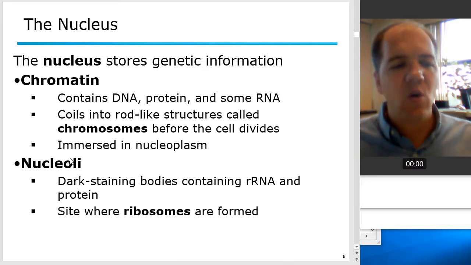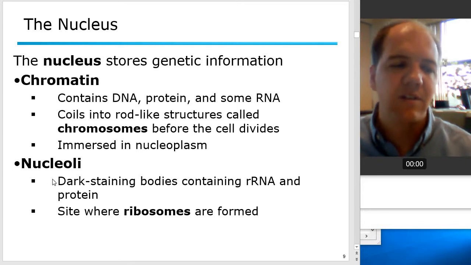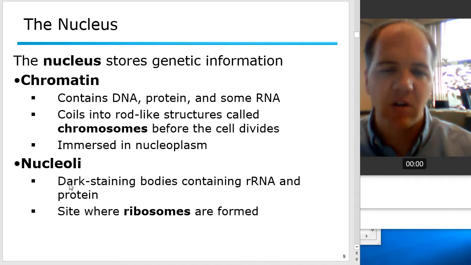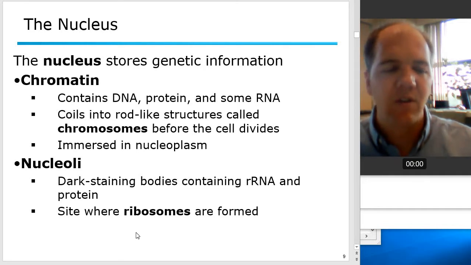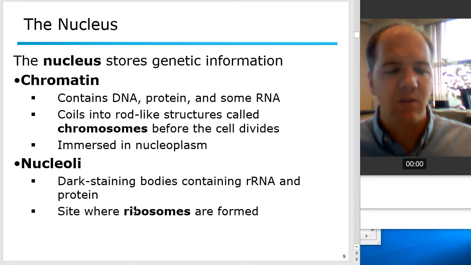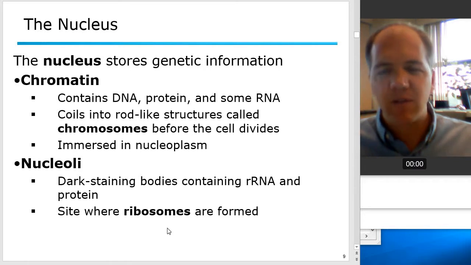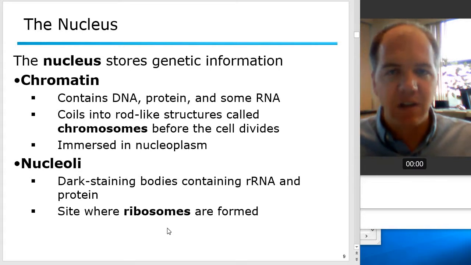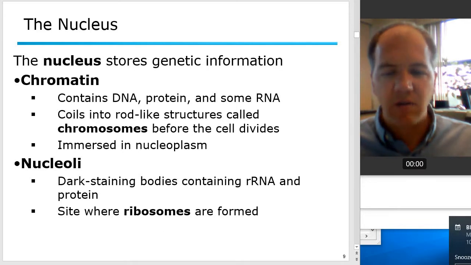We also have the nucleolus. In this case, the plural is nucleoli, and this is the darker part of the nucleus, and its specific function is forming ribosomes. So we saw ribosomes on the outside of the nucleus, in the cytoplasm, and on the endoplasmic reticulum.